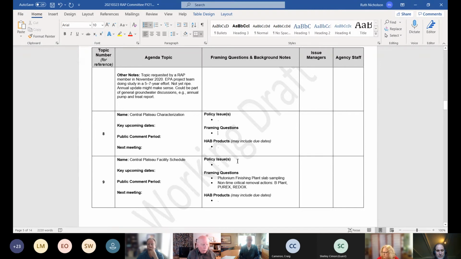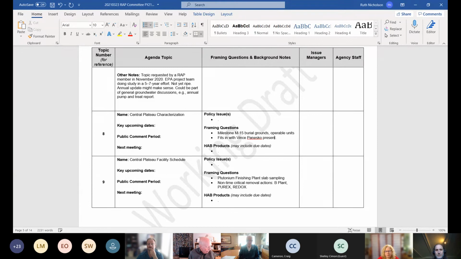But this deals with milestone M15 partially, and all the characterization associated with the burial grounds and operable units discussed in M15. And I think it fits in nicely with Vince's presentation today on plutonium and M91, because a lot of that is in burial grounds.